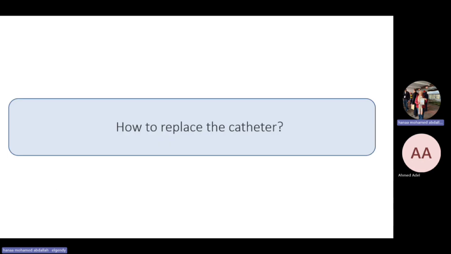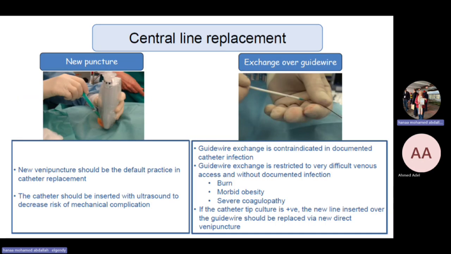So how to replace the catheter? The best is to do a new puncture. A new vein puncture should be the default practice in catheter replacement. The catheter should be inserted with ultrasound to decrease the risk of mechanical complication.